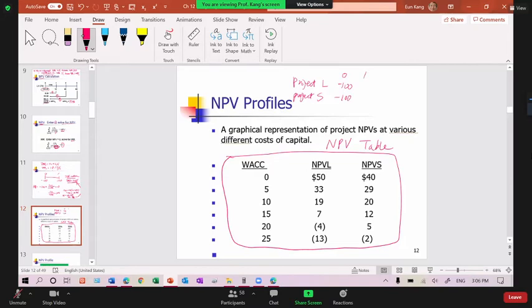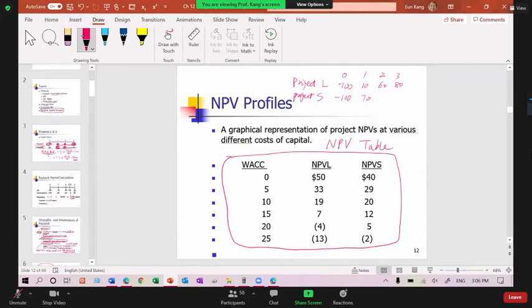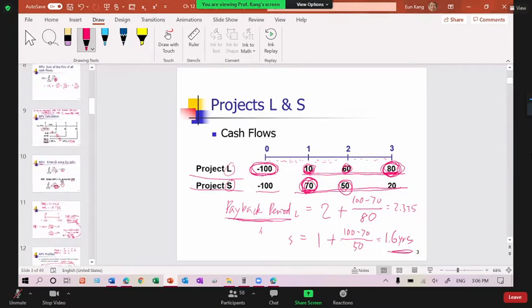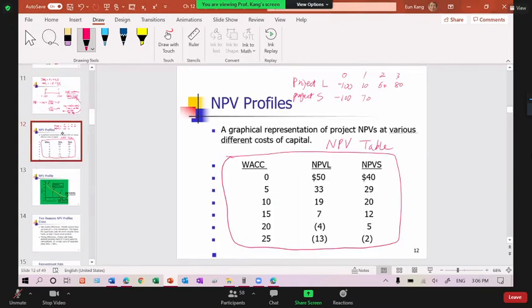L is 10, 60, 80, and S is 70, 50, 20. Like this, right?